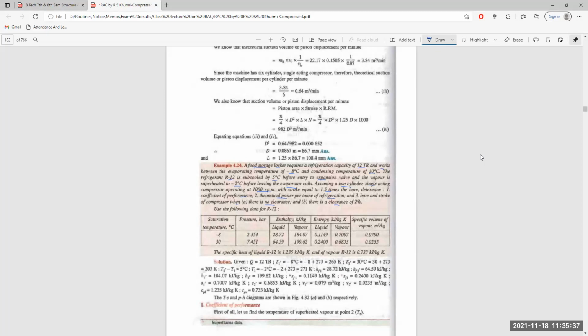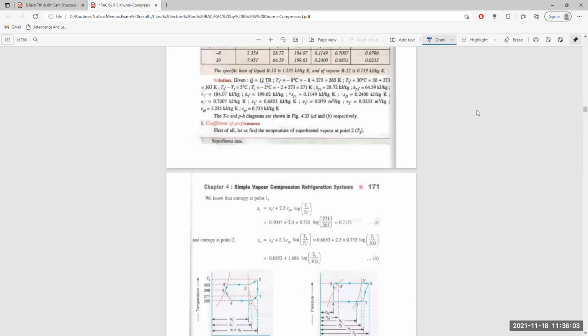The tonnage is 12 metric ton, which means 12 multiplied by 210 kilojoule per minute is the power being absorbed during the compression itself.